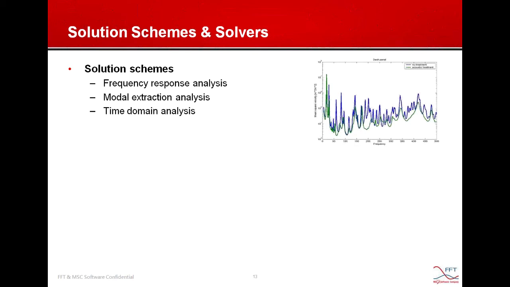Now on solution schemes, Actran is a multi-purpose tool, and different computational sequences are available. The most important and widely used one is first the frequency response analysis, and it calculates frequency response functions like these two curves that we see on this image.